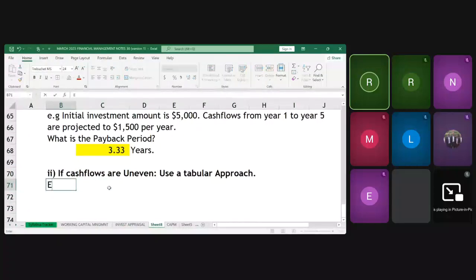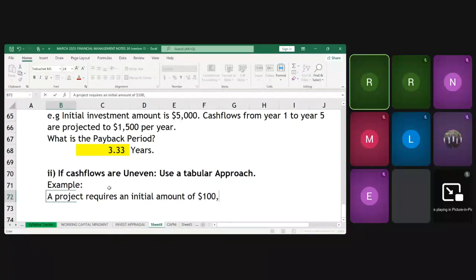Right, let's have this example here. A project requires an initial amount of $100,000. Projected cash inflows from year 1 to year 5 are as follows.